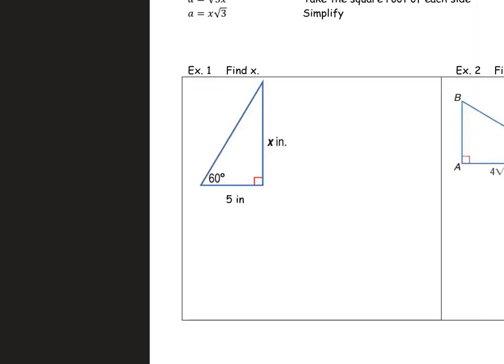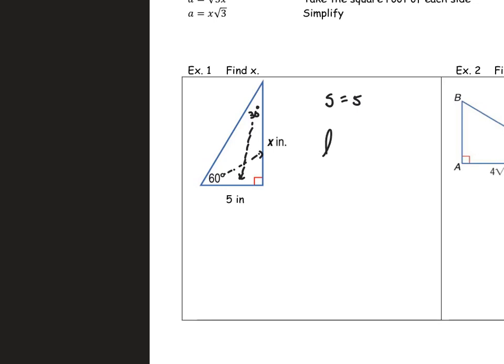Looking at example number 1, I see that I have a 60-degree angle, I've got a 90-degree angle, which means that the angle up here in the north is 30 degrees. So if I look, I'm given the side opposite 30 degrees, so that means the short leg s is equal to 5. And since I know that the short leg is equal to 5, I come over here and I see, oh, x is across from the 60-degree angle, so they want me to find the long leg.